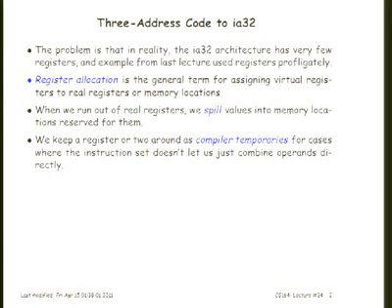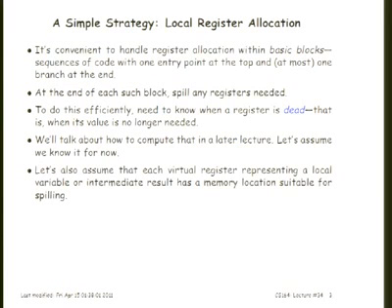Okay, so a simple strategy here is to do what we call local register allocation. That means that we handle the allocation of registers within individual basic blocks, so-called. As it says here, these are sequences of code without branches in them except at the end, so you start at the beginning, you go all the way through, and you know the order of instructions is just exactly as it is in the block.